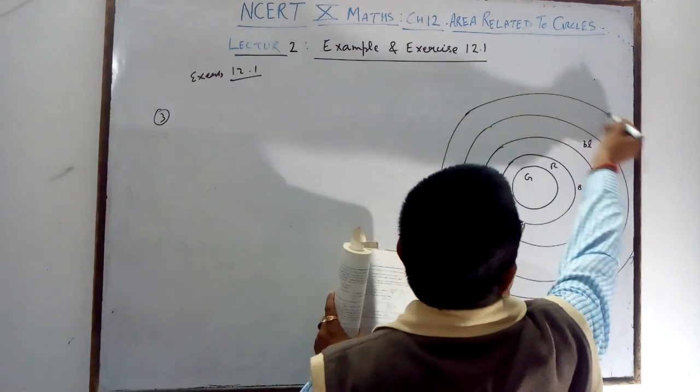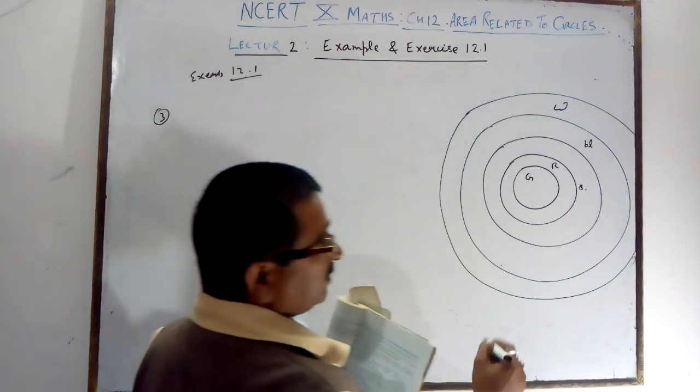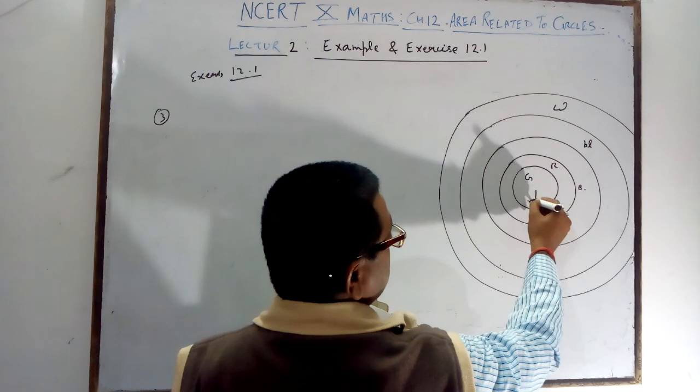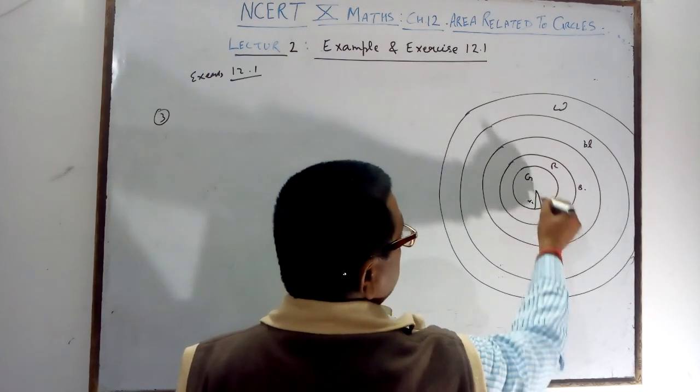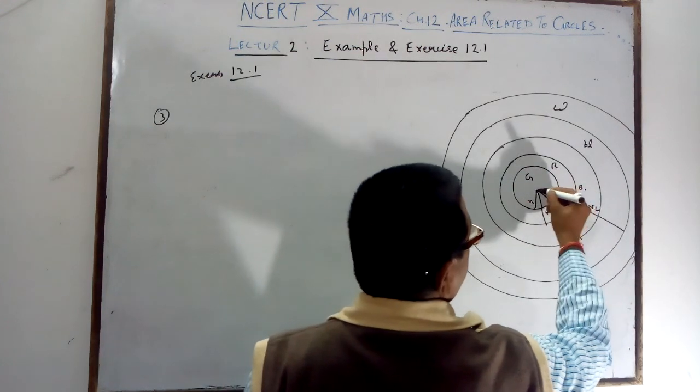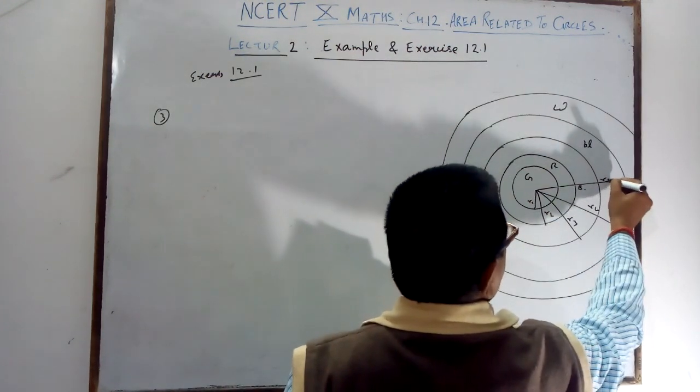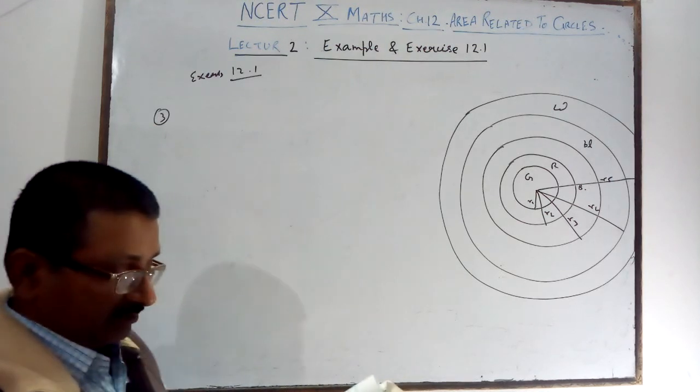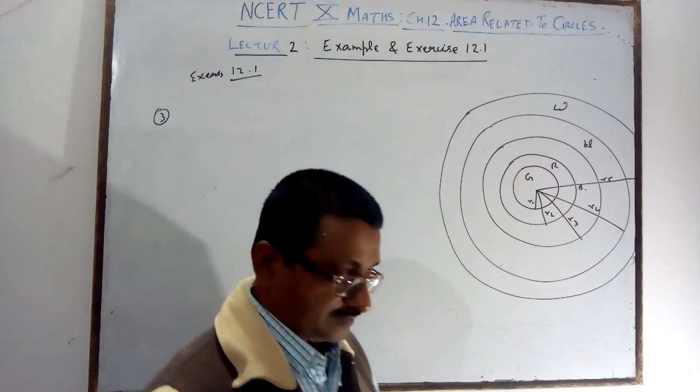You are getting this is the white. All the radii R1, R2, R3, R4, R5. These are the 5 circles given. Clear?